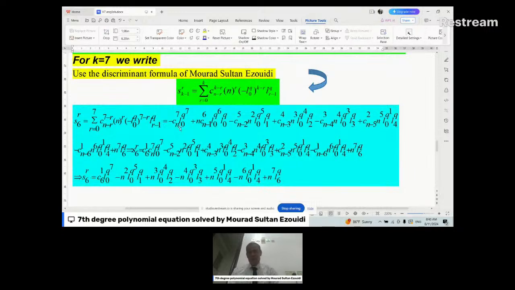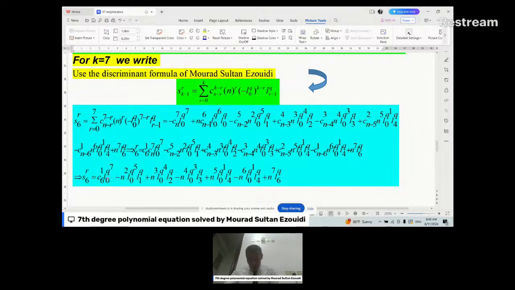After expanding my discriminant formula when putting k equals 0, I'm going to get the last term. So S6 is equal to combination 6 choose 1. The signs alternate: plus, minus, plus, minus.